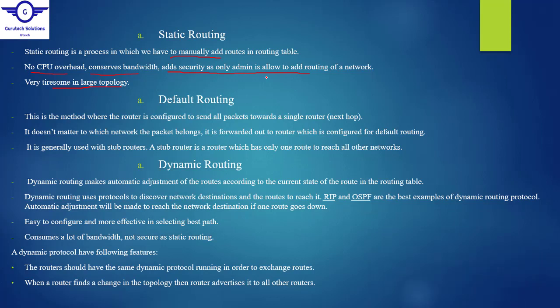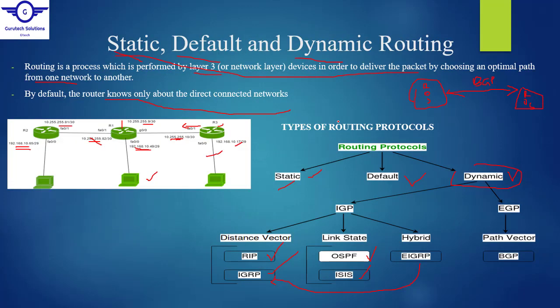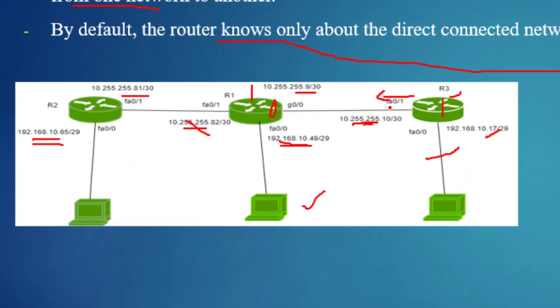And now default routing. Default routing is a method where the router is configured to send all packets toward a single router, which is called the next hop. Basically what's meant by the next hop, I will go back to the previous slide. So for this router, the next hop is this one.